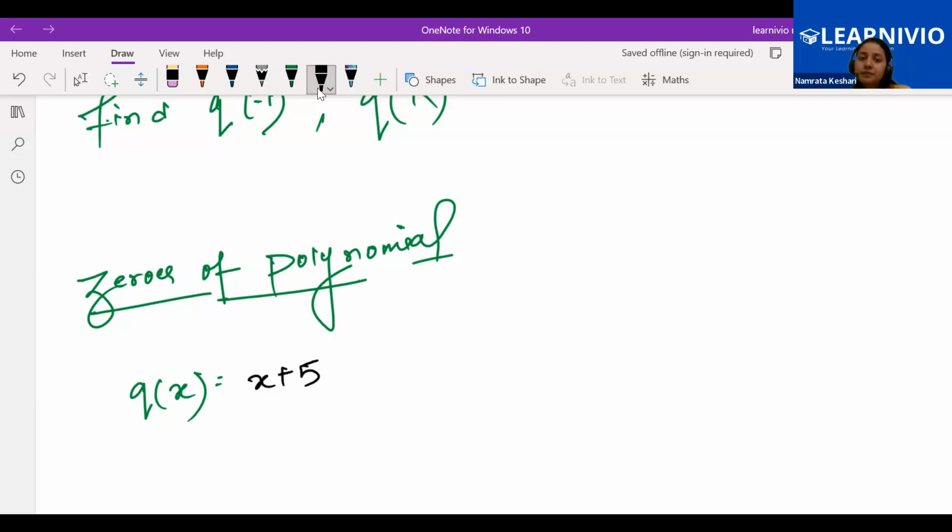I don't know. Okay, so zero of the polynomial means such an x value which will make everything zero over here. Such an x value which will make the complete result after doing the simplification, like addition, subtraction, whatever is given over here, the result will become zero. What is that particular x value? Is it 1? Is it 2?